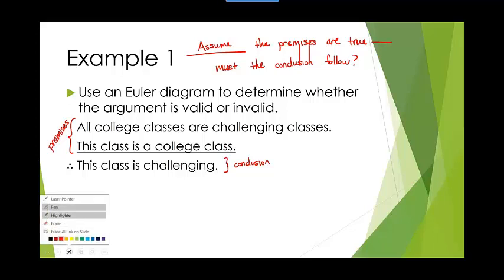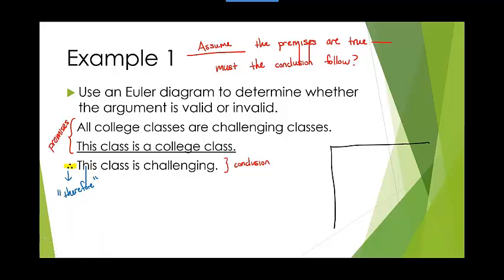And last notational thing before I do the problem: this symbol with the triangle is a symbol which means "therefore." Okay, so we're going to use an Euler diagram, and we're going to use the circles to figure out whether the conclusion must be true.